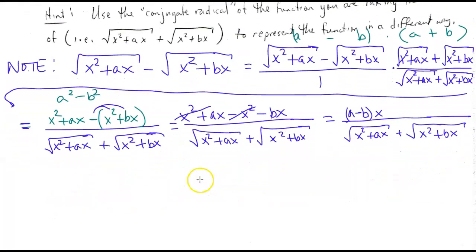So now at this point, we're feeling pretty good about ourselves because we've rewritten our function here in a different way. But if I was to take what I had here and apply a limit as x approaches infinity, I would still have the same problem.